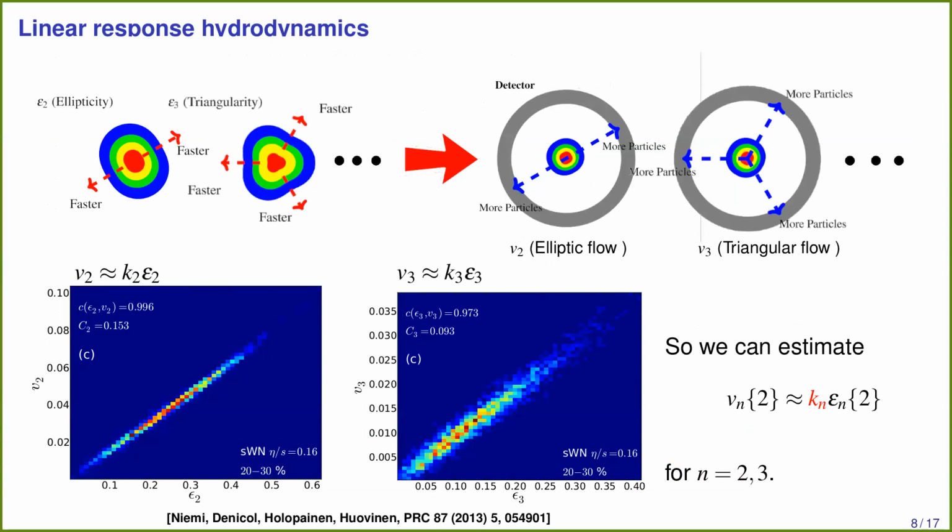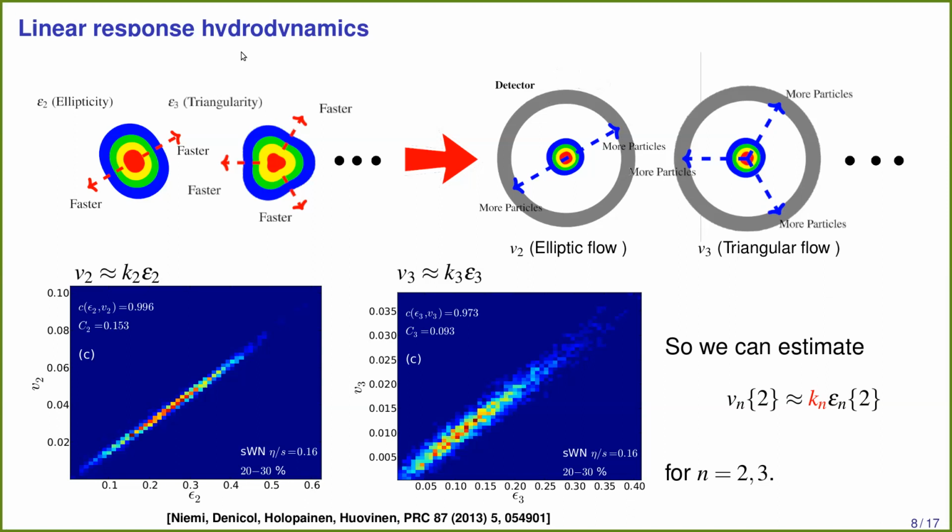Now we are going to see what we can do with the hydrodynamic stage, or collective evolution stage. Again, with this simple-minded picture, if I have some kind of elliptic shape, ellipticity, this part should move faster, and whatever happens in this process, I should expect to see more particles in this direction. If I have a triangular shape, I would expect to see more particles in this direction, v3.